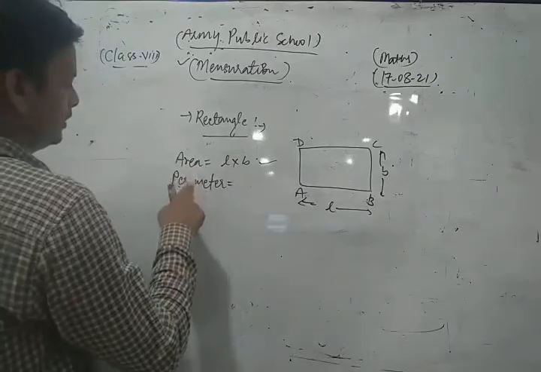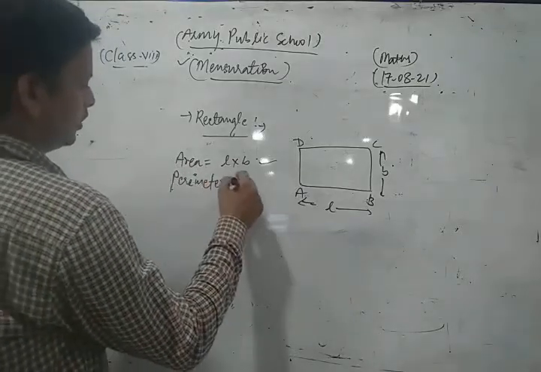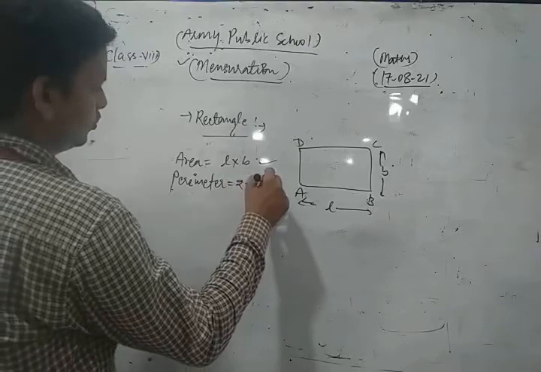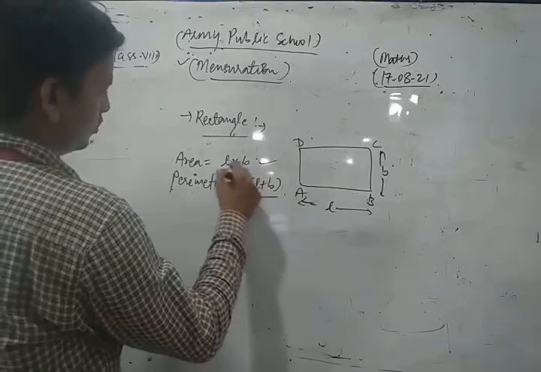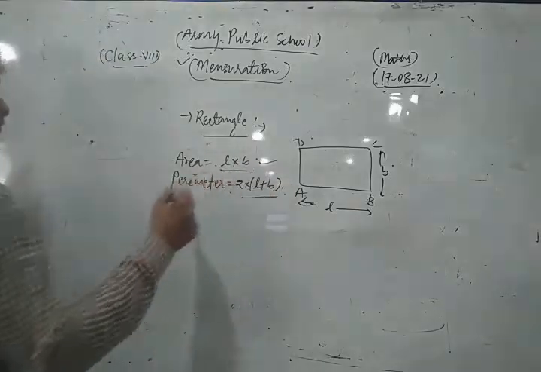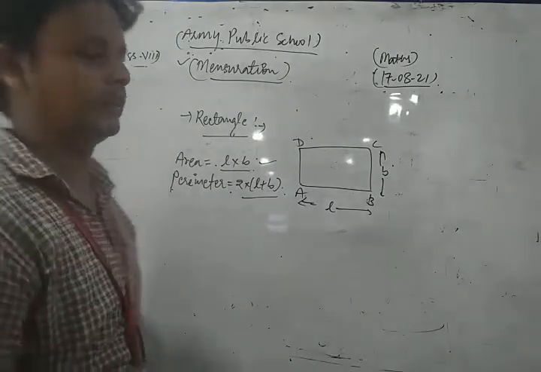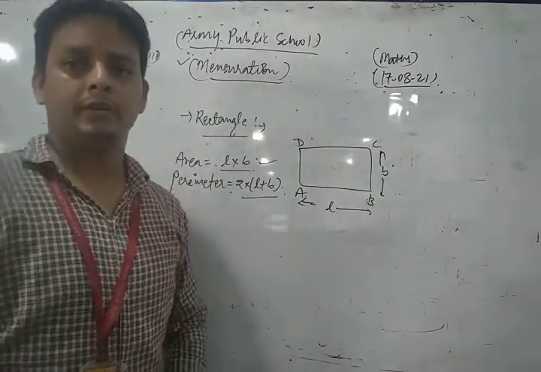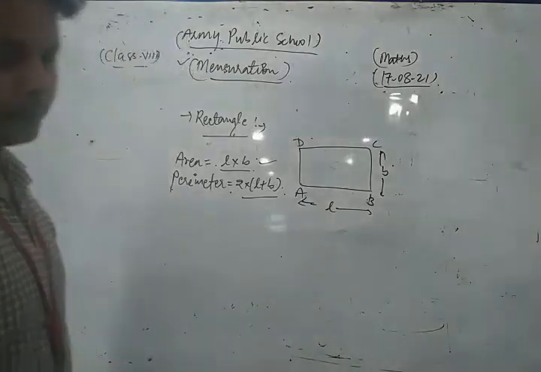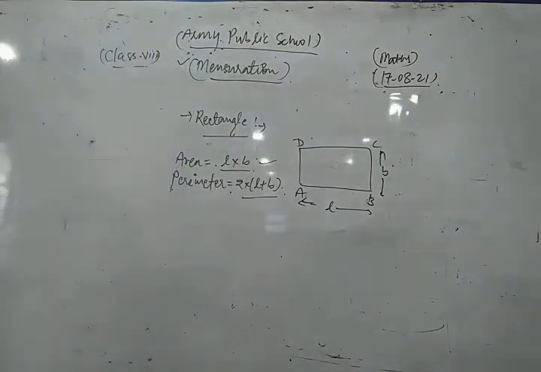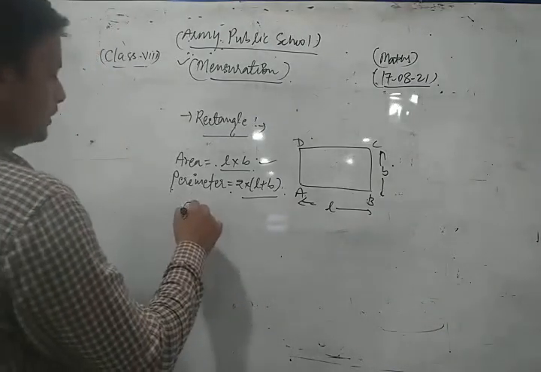And the perimeter is what? 2 into length plus breadth. This is the concept of perimeter. So these are two very important formulas, and now a very important concept related to the circle.